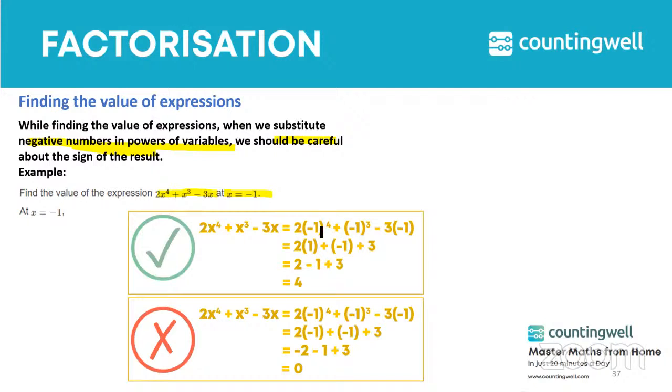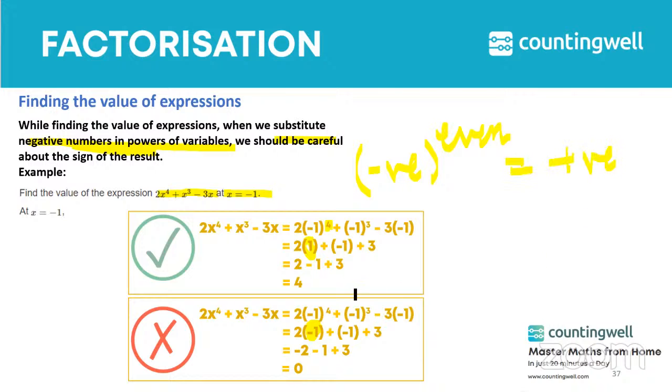So you have to take care whenever you are taking an even power of a negative number, as to whether you will get a negative or a positive number. Whenever a negative number is raised to an even power, we get a positive number.